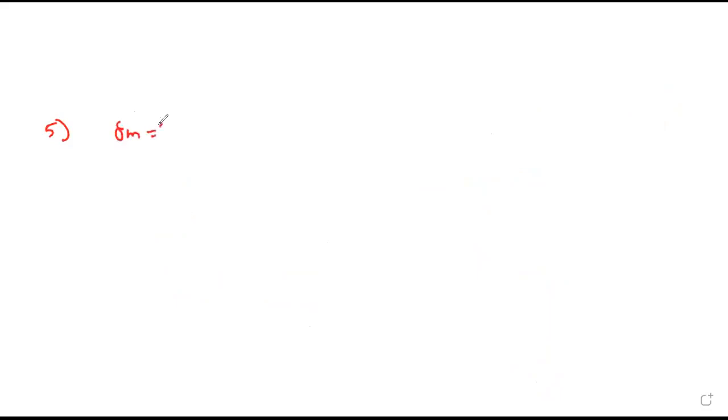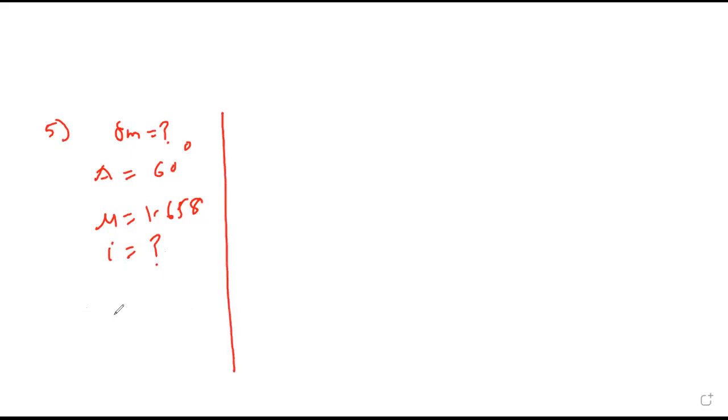Calculate angle of minimum deviation for glass prism of angle 60. Refractive index is 1.658. Also the corresponding angle of incidence. Mu is sine of (A plus delta m) upon 2 divided by sine A by 2.